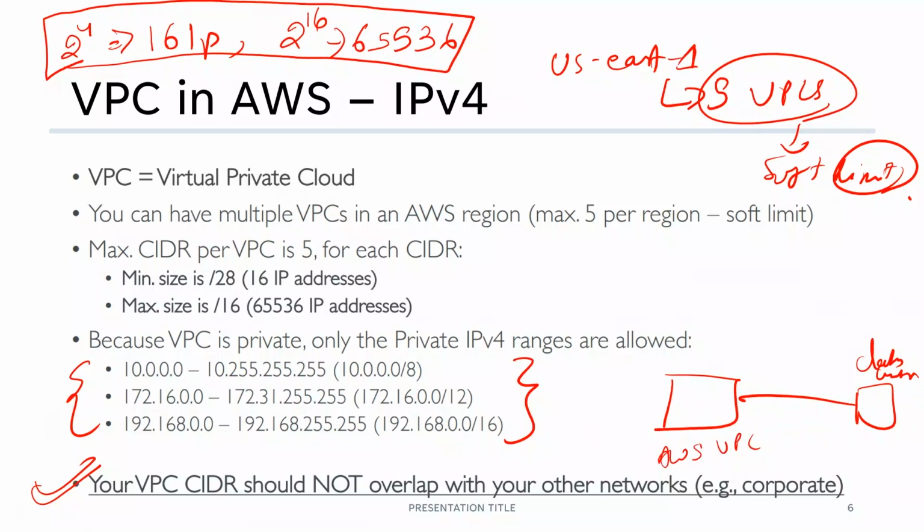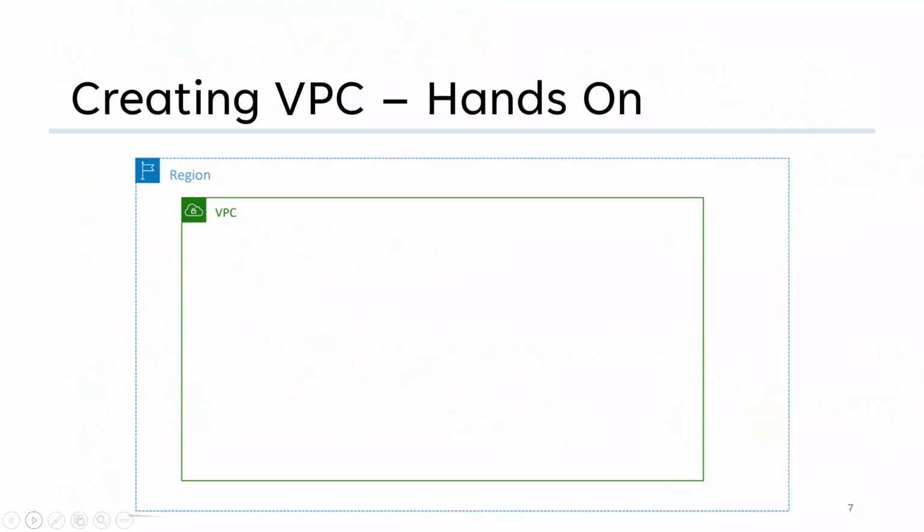We're going to discuss that later on, in the last part of the lecture. Even if this is the case, you cannot have overlapping subnet masks between this one and this one. Overlapping IP ranges are not allowed. So make sure you follow this rule from head to toe. Okay, that makes sense. Let us go and create our first VPC.